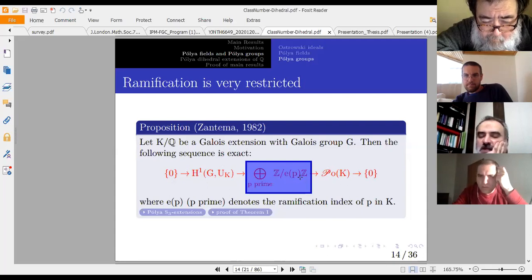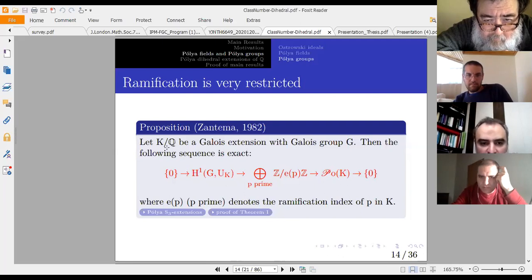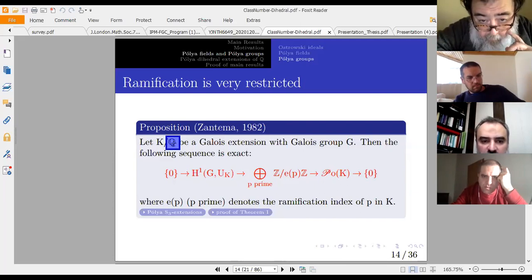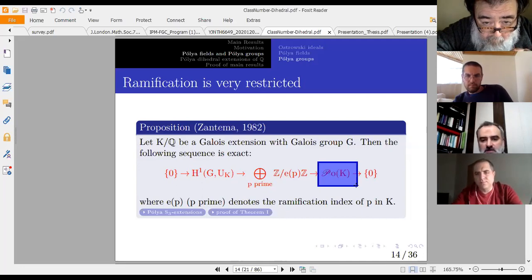So e_P is here the ramification index of P. What Abbas did was that this is an exact sequence for Galois extensions over Q, so he generalized this to a Galois extension of two number fields. In other words, he relativized this notion. Instead of using Q here, he can put a number field here. The exact sequence is a little bit different, but he has some results about an analog of this Pólya group, which he calls the relative Pólya group.